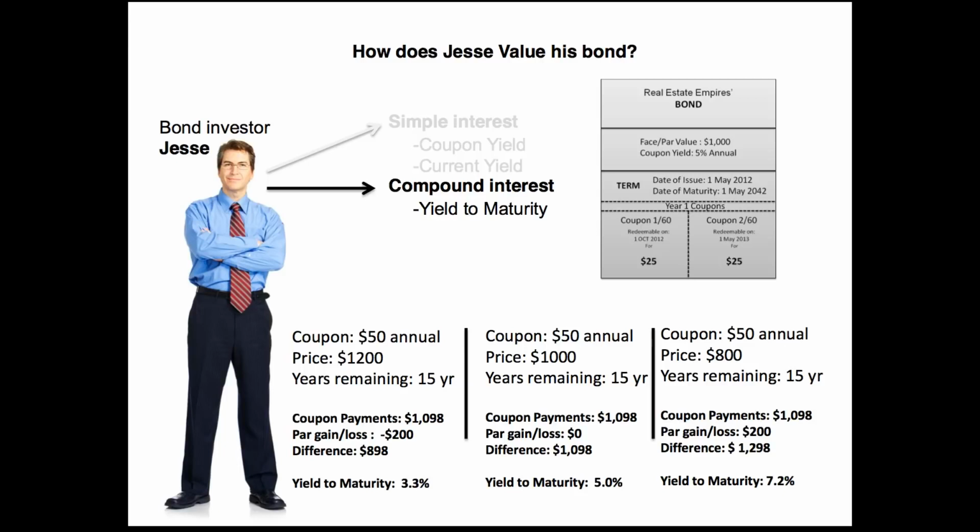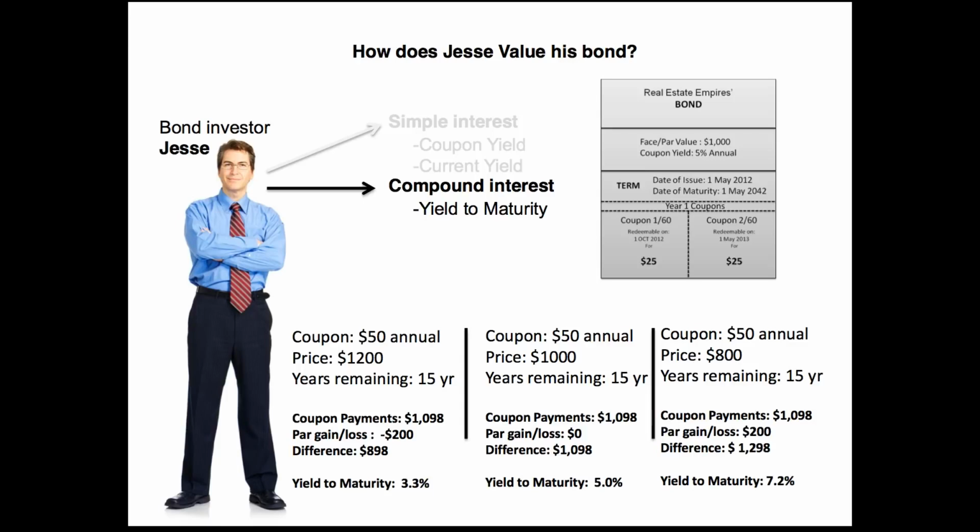So that's what the yield to maturity accounts for. Not only does it do the compound interest, but it also accounts for that difference between the price that you pay and the face value. So that's why this number is really important, because it wraps all the variables together, and it gives you a real estimate of what you're going to get if you buy any bond and hold it clear to maturity. And that's how you have to look at the value of the bond.